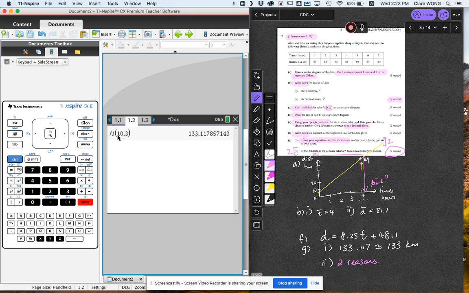First one, 10.3 hours. Is it reliable? Well, 10.3 hours is outside the range of data given, right?